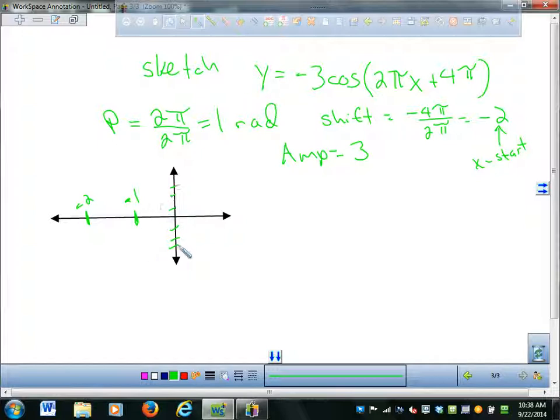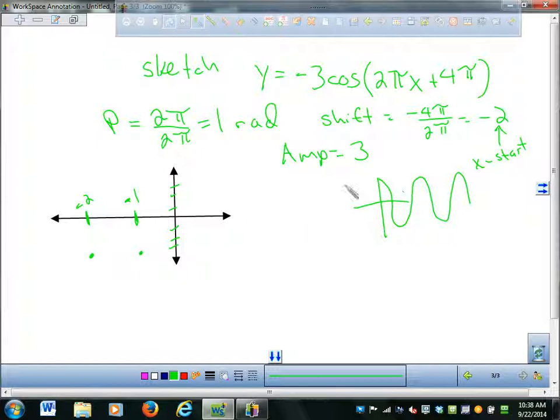Cosine normally looks like this and goes like that. So this one's going to start down at negative 3 because this is a 3, not a 1. And it's going to end at this point.